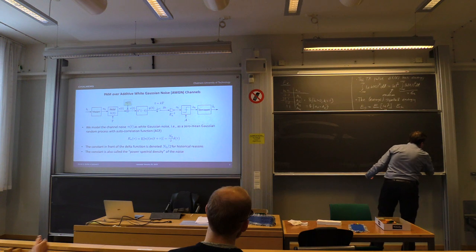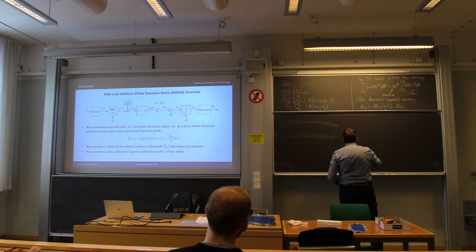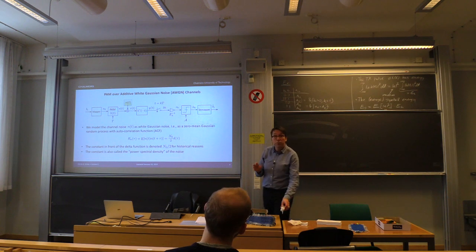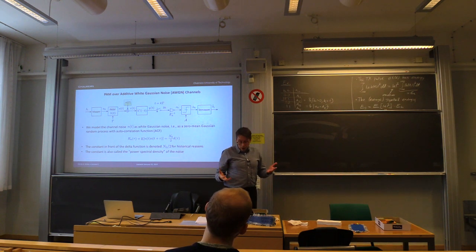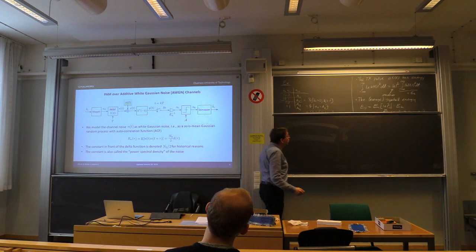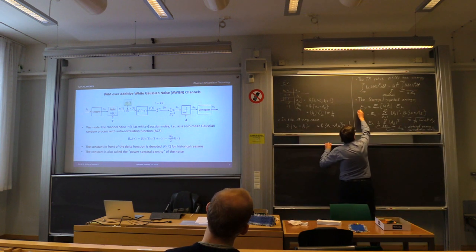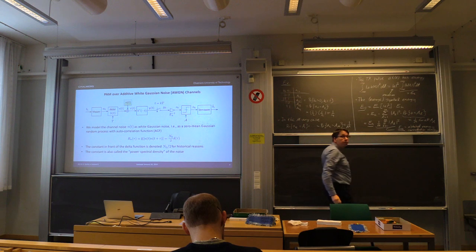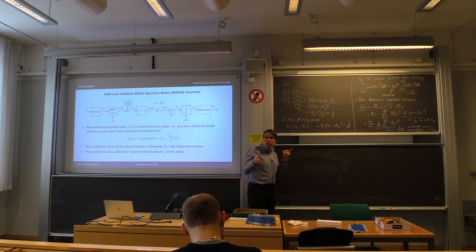We have now calculated what the average energy is for a transmitted pulse, and it's in terms of two things. The average symbol energy depends on the pulse energy and the constellation energy. It's two things that together determine the symbol energy.